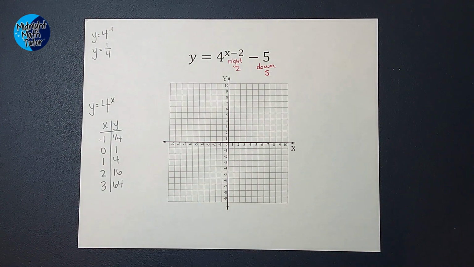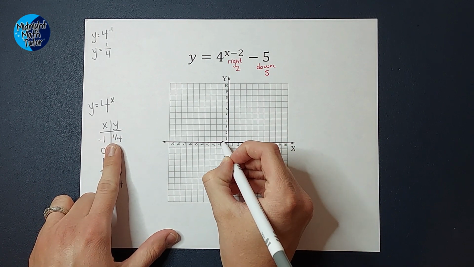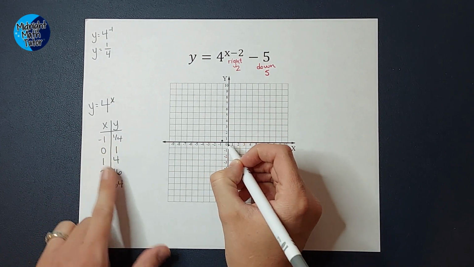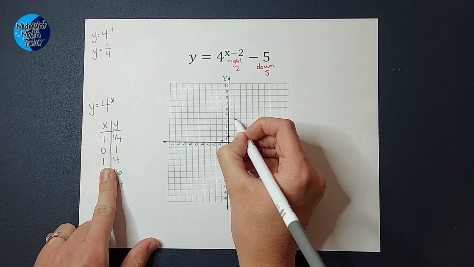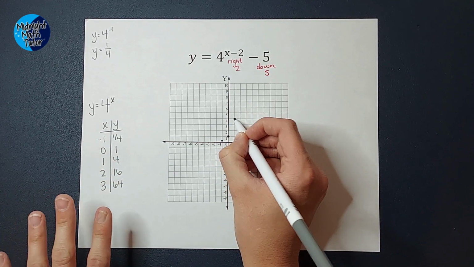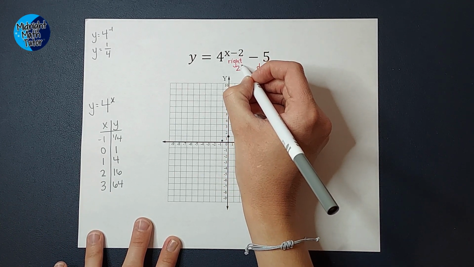These graphs get steep really fast, right? So I'm not even going to be able to graph this whole thing. But I've got -1 and 1/4, 0, 1, 1, 4, oh man, and 2, I'm already off my graph, right? It's going to be like here-ish.